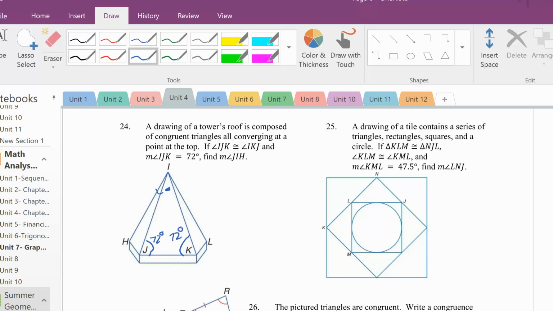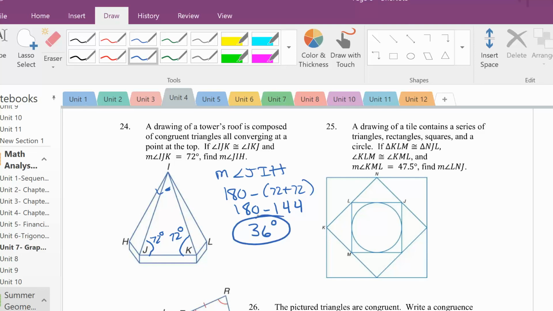And since these are both 72, to find out what the measure of angle JIH is, we would take 180 minus 72 plus 72, so 180 minus 144, and that would give us 36 degrees. And that's what the measure of that angle would be. And that's what the measure of this angle would be, since these are congruent triangles.